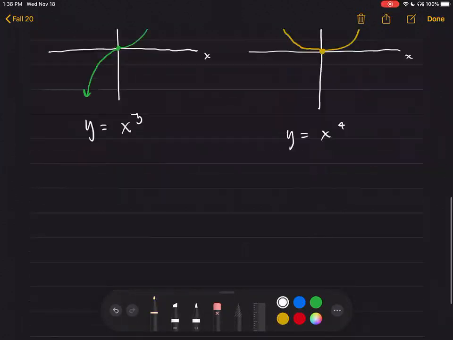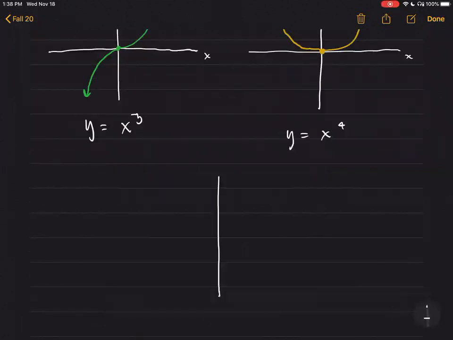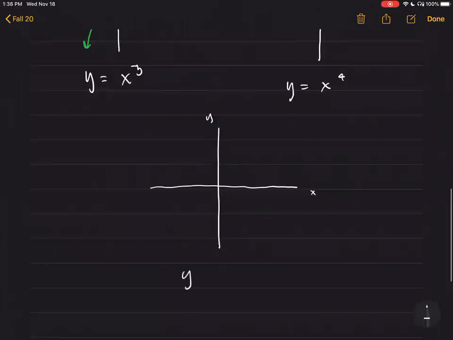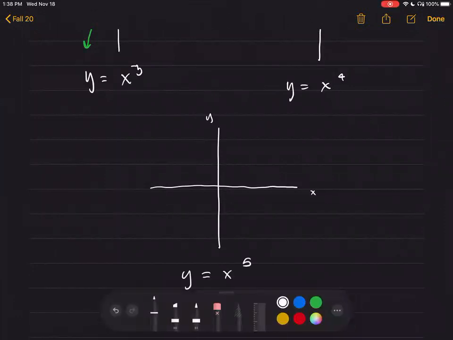And then one more degree, y equals x to the 5th. It looks a lot like y equals x to the 3rd again, but again, more squared off.